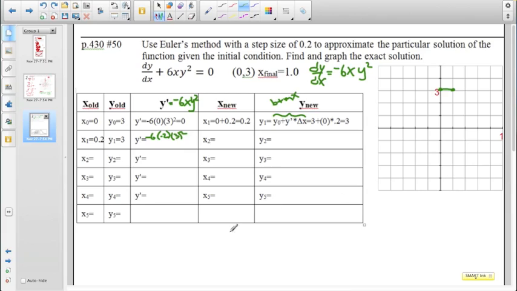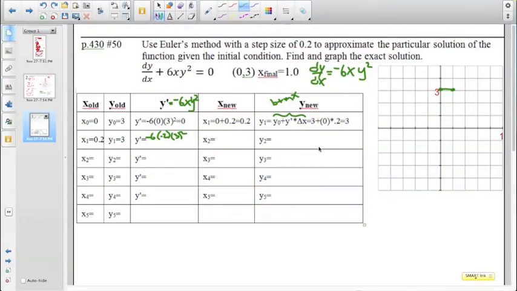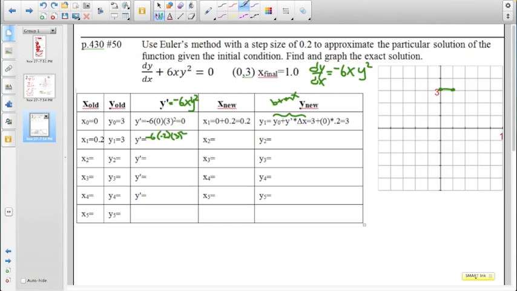Let's get a calculator out here real quick to verify that. There we go. So we have minus 6 times 0.2 times 9, because 3 squared is 9. So yes, negative 10.8 is our slope.